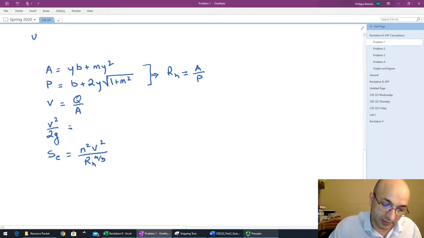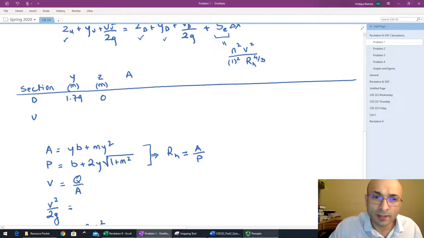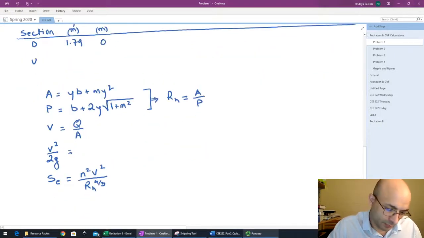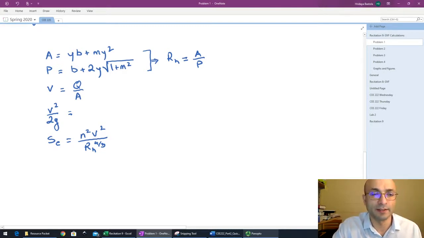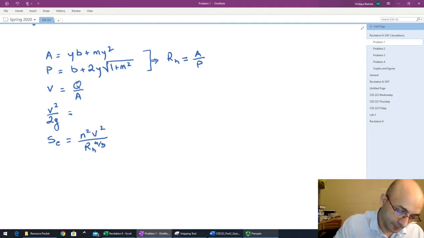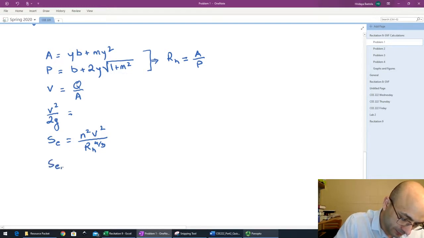So this comes from Manning's equation. Once we get the slope of the energy grade line at the upstream and downstream location, we can get the average. Let me just write it this way with a bar on top. This will equal SE upstream plus SE downstream divided by 2.